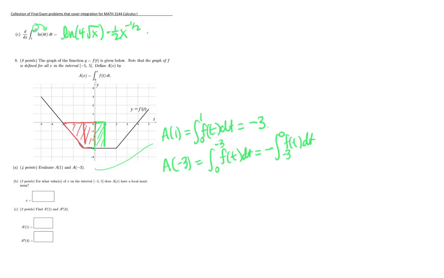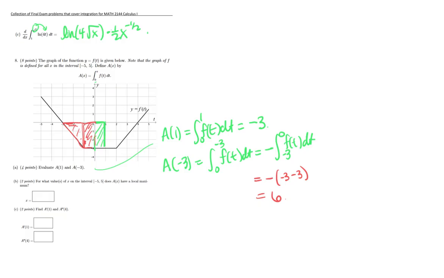So we get -3, 1, 2, 3 boxes, and then this will end up being 1/2 times 2 times -3. So this will be negative of -3 minus 3, so it'll be +6.